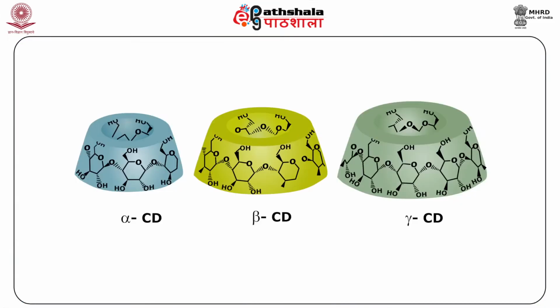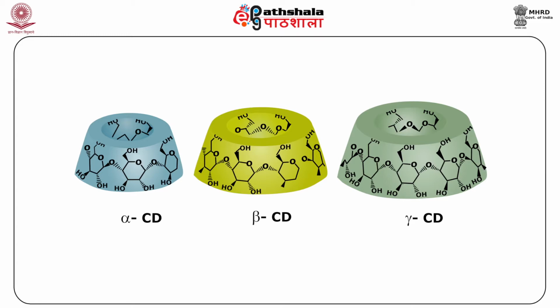In 1903, another scientist, Franz Schardinger, an Austrian microbiologist who is the actual founder of cyclodextrin chemistry, identified two crystalline compounds of similar nature to cellulosin, obtained from bacterial digestion of potato starch, and he replaced the name cellulosin with alpha dextrin and beta dextrin. These were later called alpha cyclodextrin, because of their cyclic structure, and beta cyclodextrin.